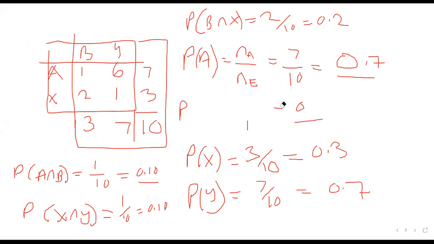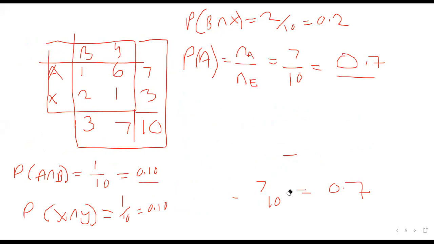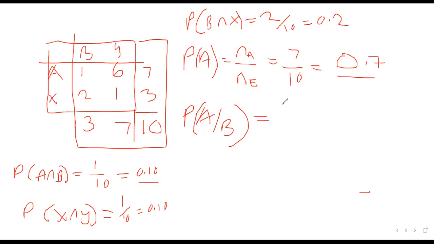So A given B, what you do, somebody expand A given B for me. What is A given B? It will equal A intersection B goes up there, then B goes down there.